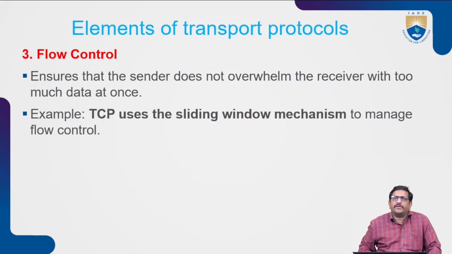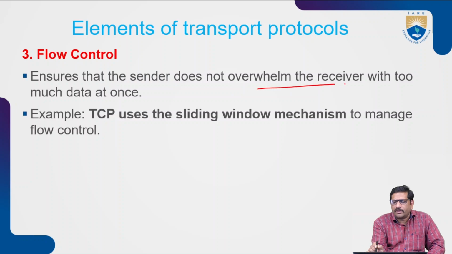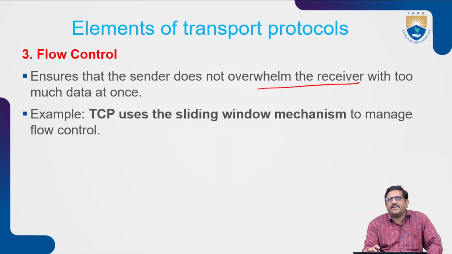Here is flow control. Next, an element of the transport protocol is flow control. Flow control ensures that the sender does not overload the receiver with too much data at once, which would cause congestion. If the data flow is controlled, there is no overload.